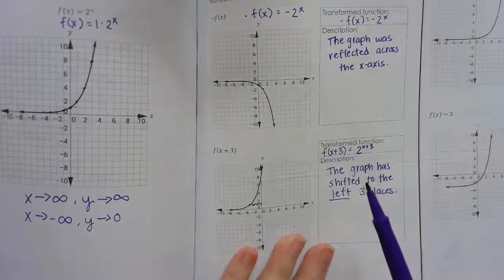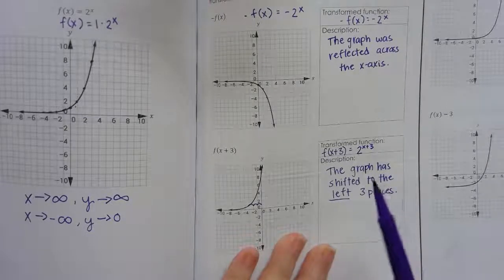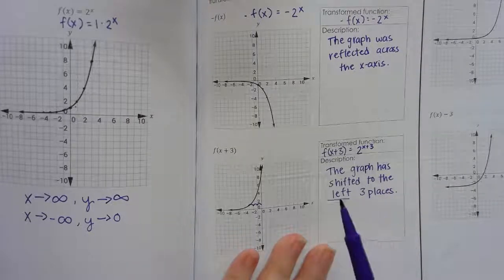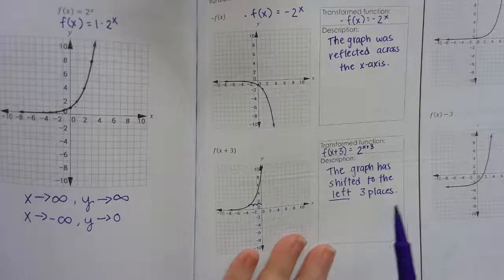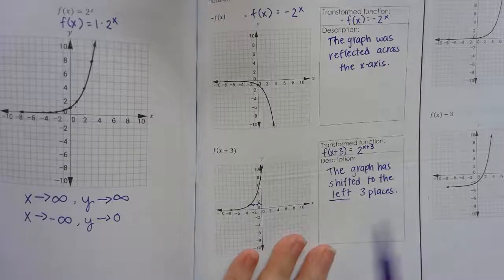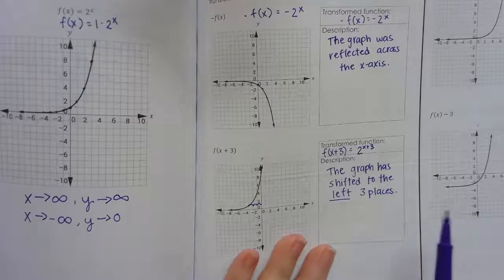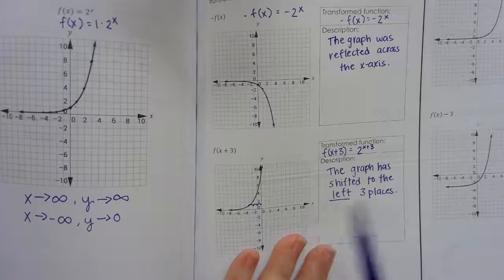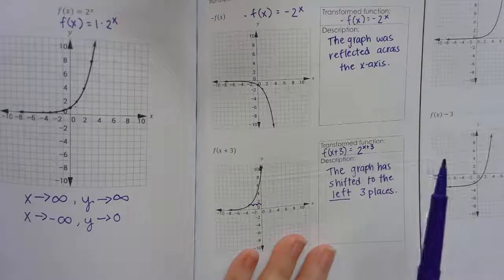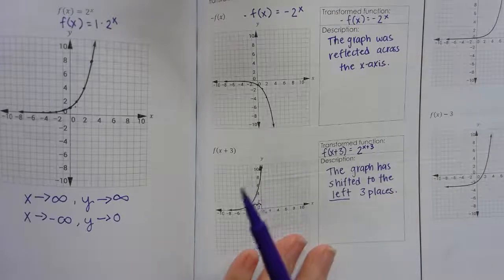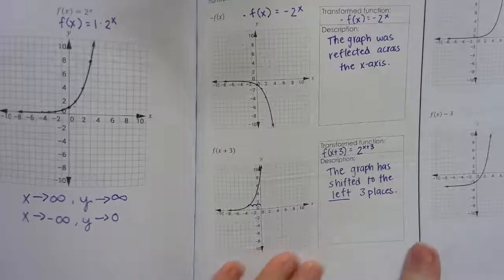Does that sound familiar to you? Okay, remember in quadratics, when I had f of x equals a times x minus h squared plus k, that h in there tells me it's the opposite of what it should be. So if it's plus 3, you would want to move it to the right 3, but it's actually to the left 3. Okay, so it moves it to the left 3 places.